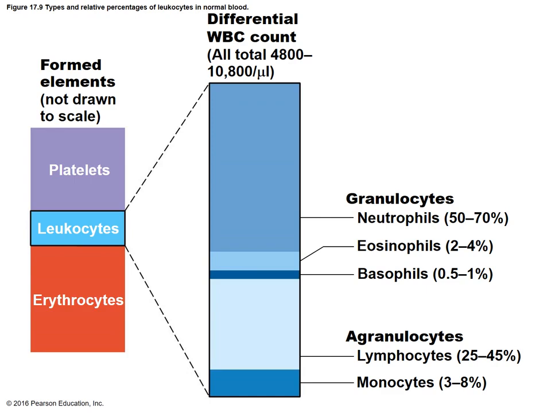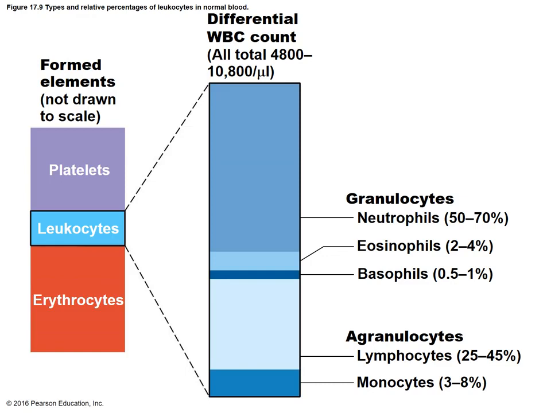That gives you the order: the neutrophils, lymphocytes, monocytes, eosinophils, and basophils. So when you look at the formed elements on the far left, you've got your platelets, your erythrocytes, your leukocytes, and that's not drawn to scale.